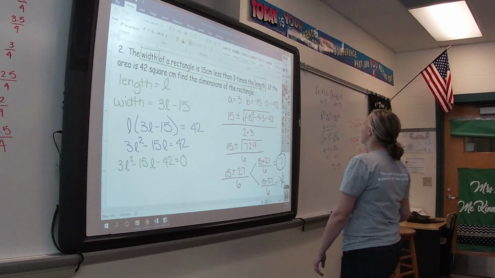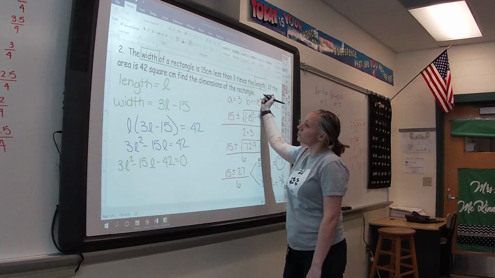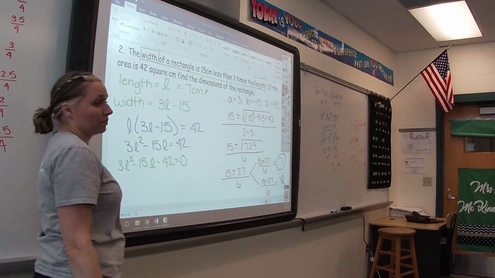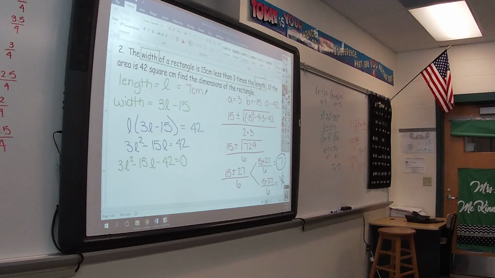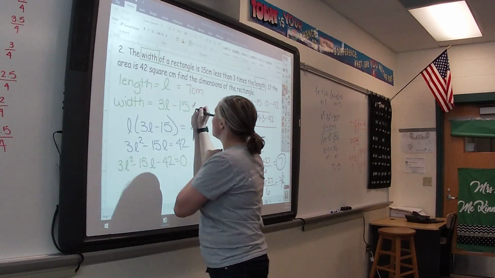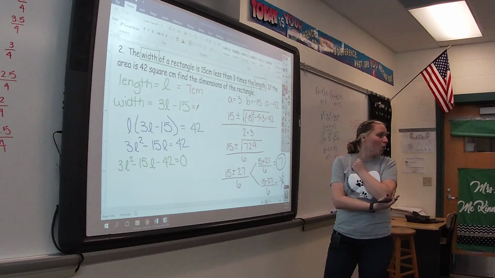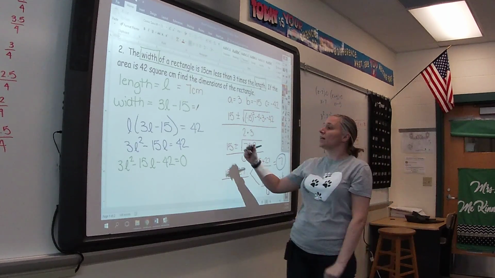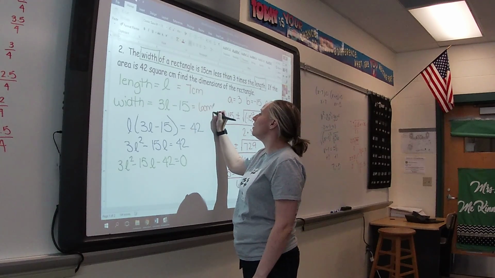In this case, 7 centimeters? Okay, we'll plug it in here. So we'll say 3 times 7 is 21. 21 minus 15 is 6. So our width will be 6 centimeters.